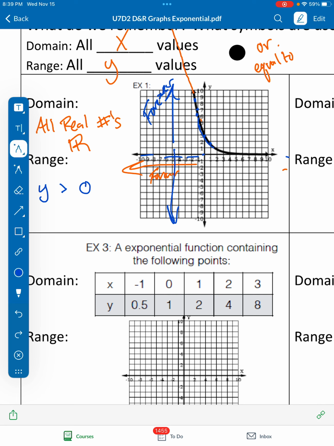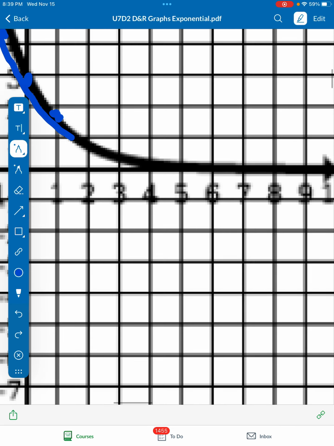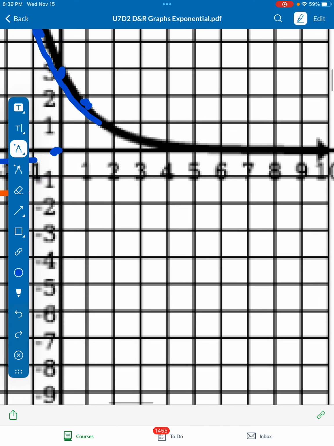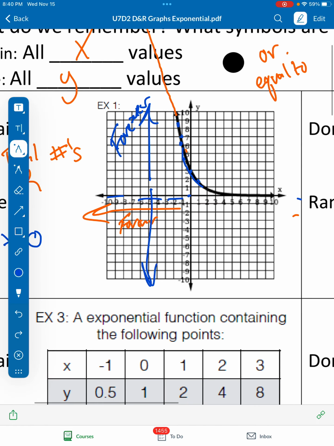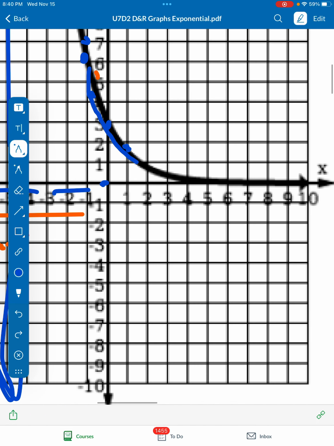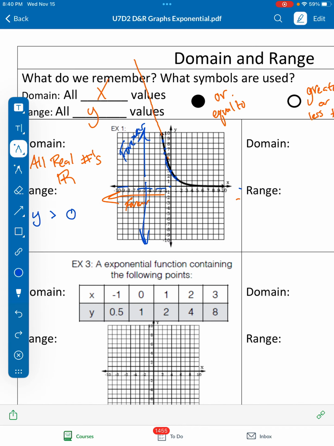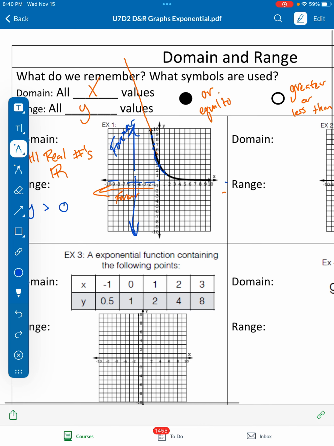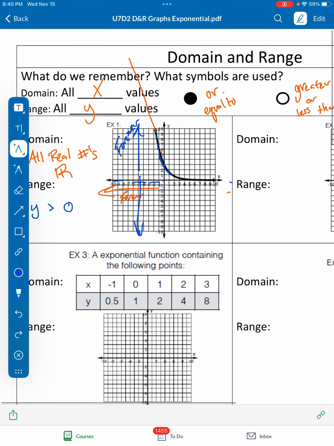But if we were able to zoom in, on a calculator, then you would be able to see that as you zoom in, it does not touch. There's still space there. So the range is just y is greater than 0. So for exponential functions, if there are 2 arrows, the domain is always all real numbers.